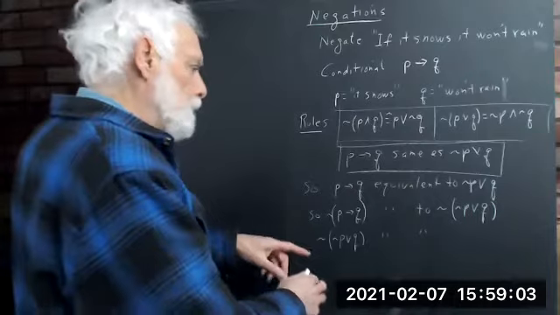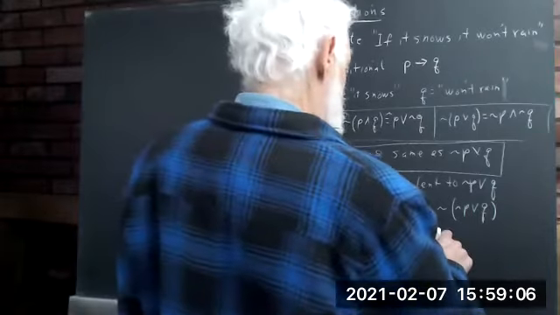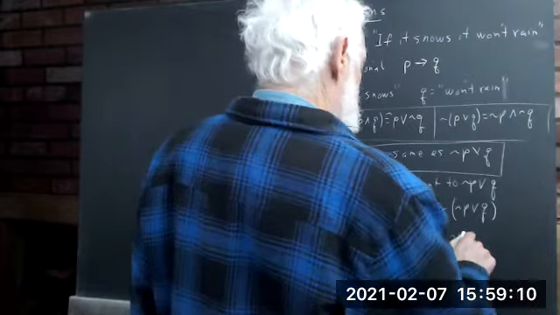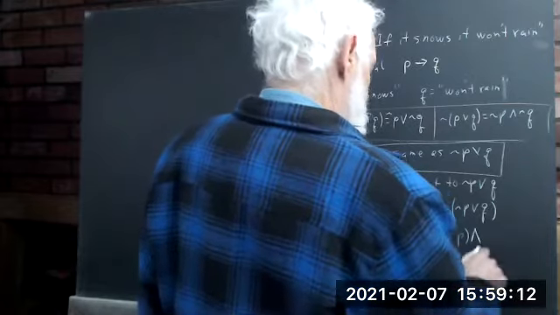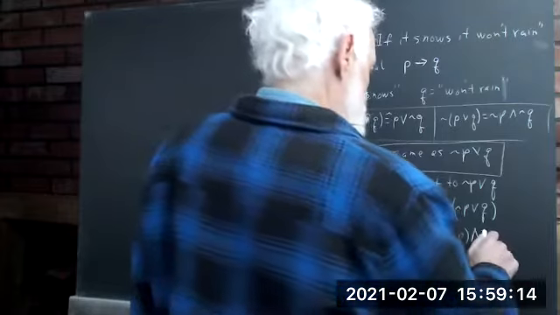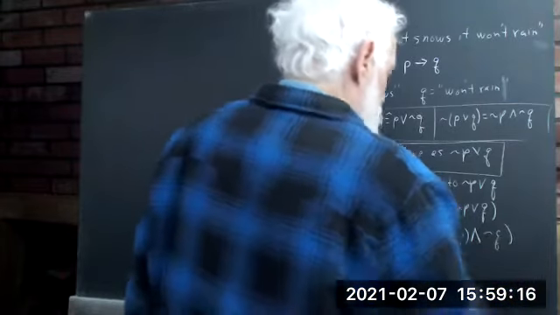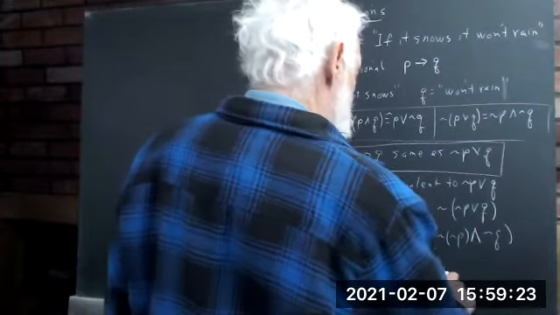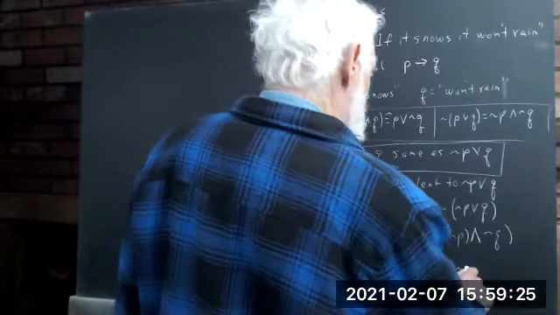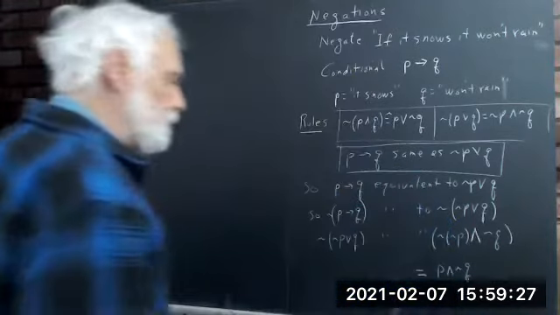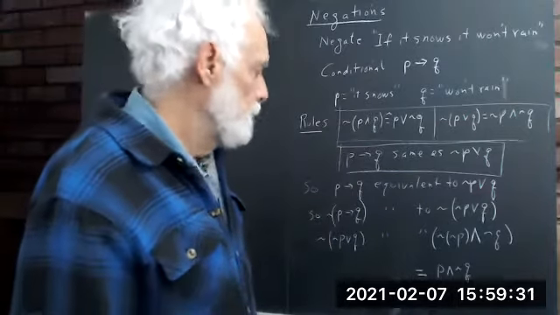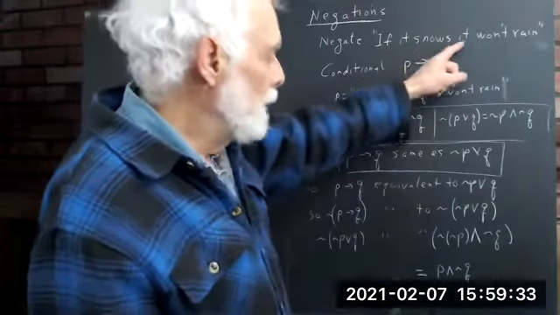So this is equivalent to the negation of not P and the conjunction with not Q. And this is equal to then P and not Q. So now our negation is it snows and it doesn't rain.